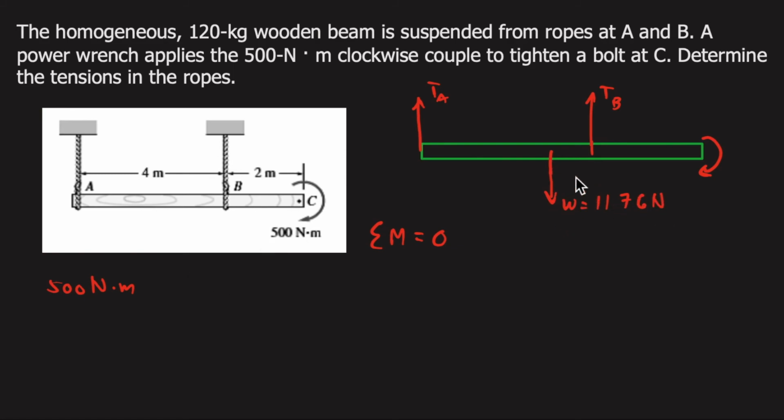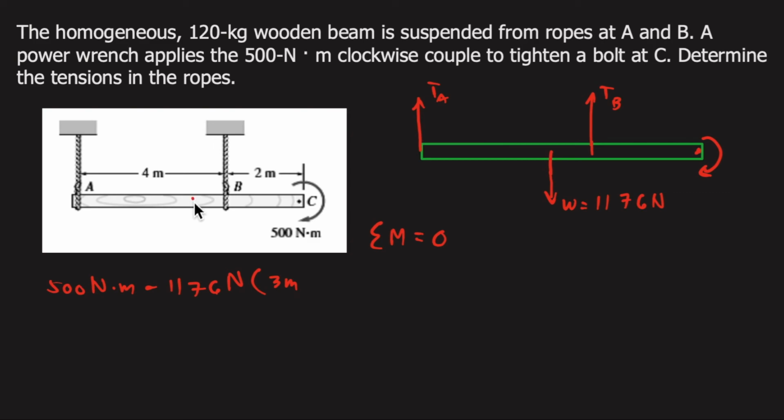The moment produced by this is counterclockwise, since we assume that this system is rotating with respect to this bolt here, so that's negative 1176 newtons times the distance between the center of mass and this bolt, which is 3 meters.